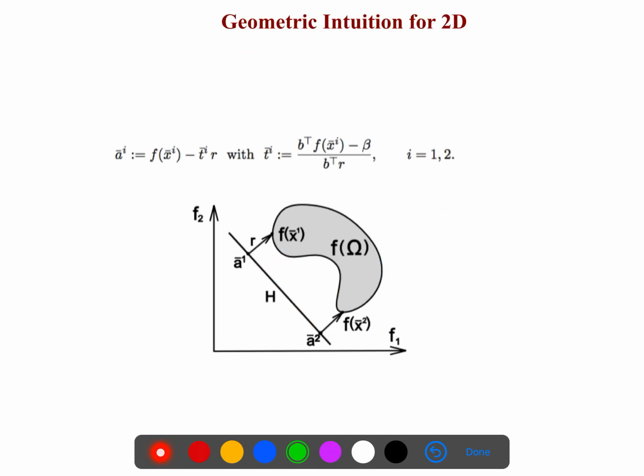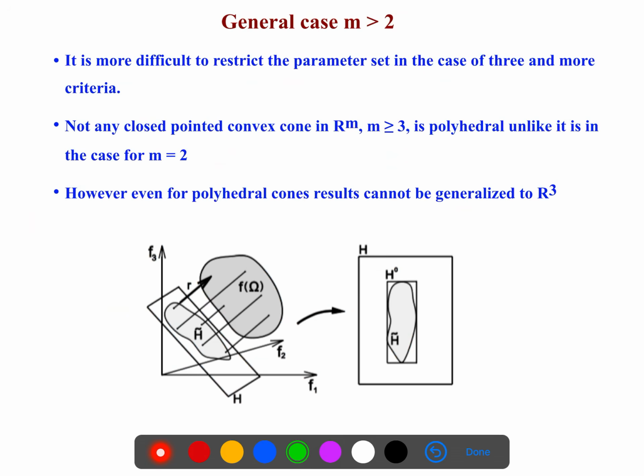We are projecting the space onto the objective space, projecting to a hyperplane. This is the hyperplane that in 2D is just a line, and it is enough to initialize A. If we just set A on this line, then you can find some minimal points on the efficient frontier.